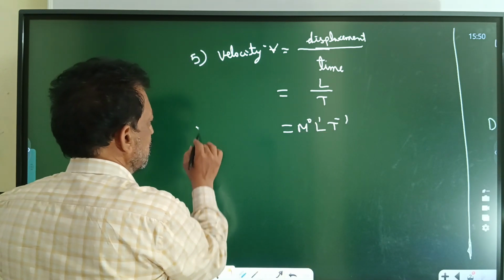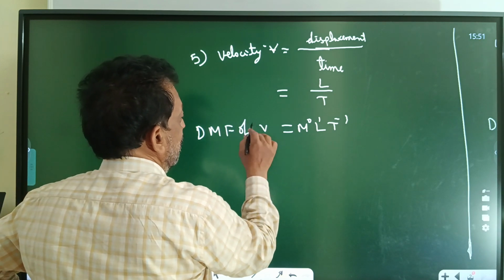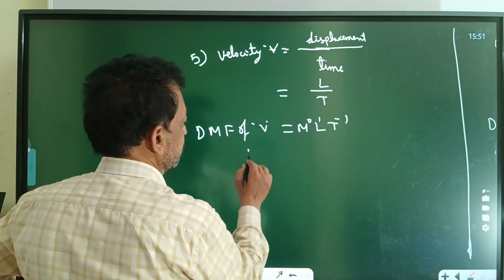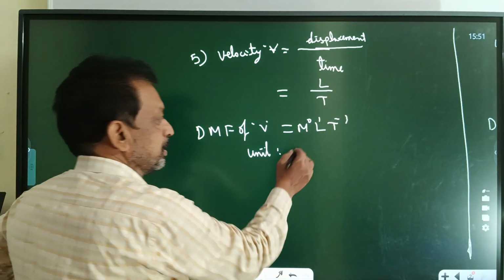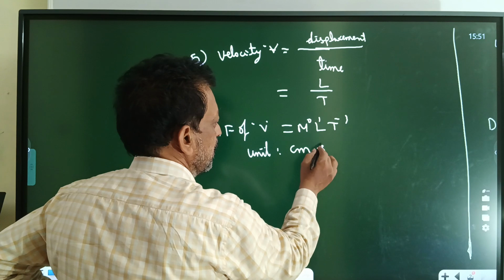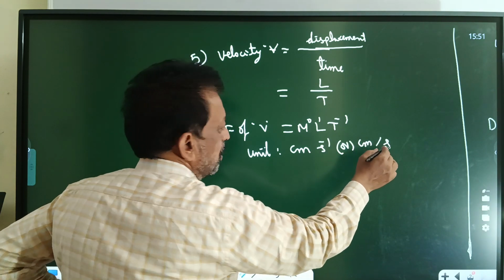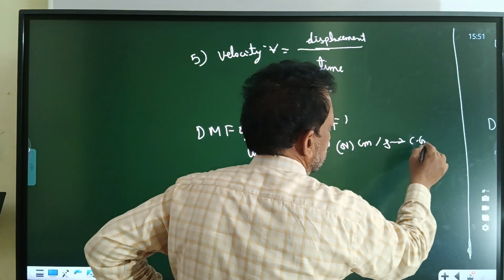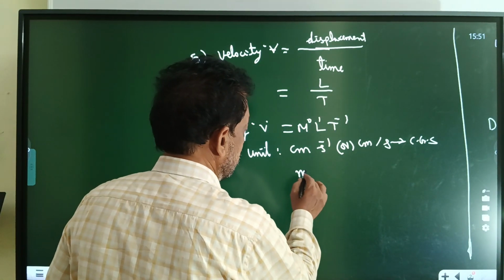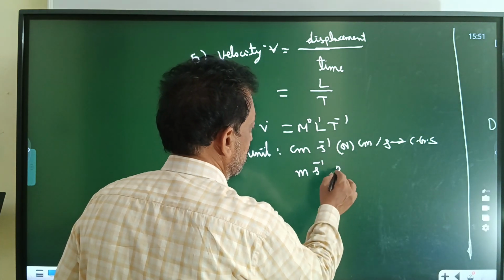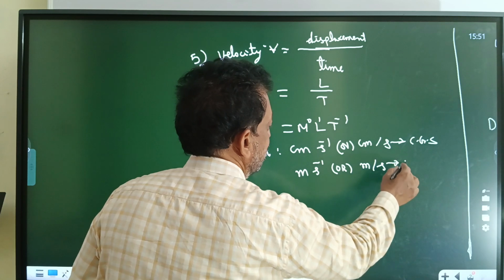So this is the dimensional formula. The unit is the same: centimeter second inverse or centimeter per second in CGS, and meter second inverse or meter per second in MKS.